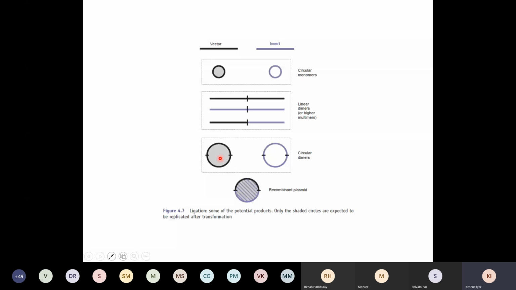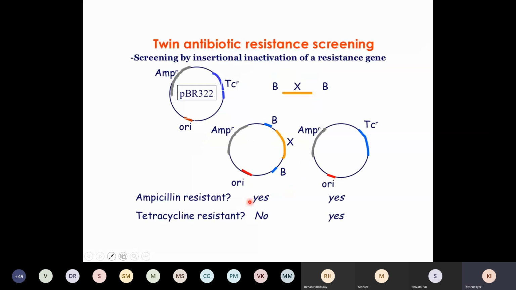They will be resistant to both ampicillin as well as tetracycline. While this fellow here, because I have inserted the foreign DNA very specifically, will be resistant to ampicillin, but it will be sensitive to tetracycline. I use that to my advantage.